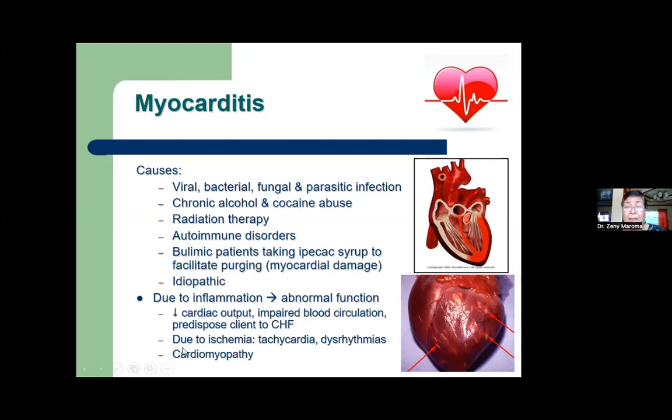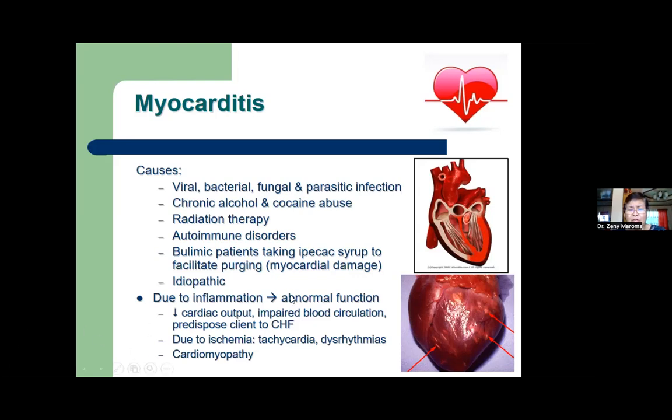Now, dahil syempre namaga ang puso. There's myocarditis, namaga. Kaya magkakaroon tayo ng chest pain. There'll be fatigue, abnormal function. Ibig sabihin, there's decreased myocardial contraction, decrease in cardiac output. At alam nyo na, pagka decrease in cardiac output, there'll be altered tissue perfusion. Okay? Altered tissue perfusion, magdi-DOB yan, no? There's activity intolerance, there's tachycardia, there could be dysrhythmias, okay? So there will also be decreased renal perfusion, and therefore, there'll be decreased urine output.